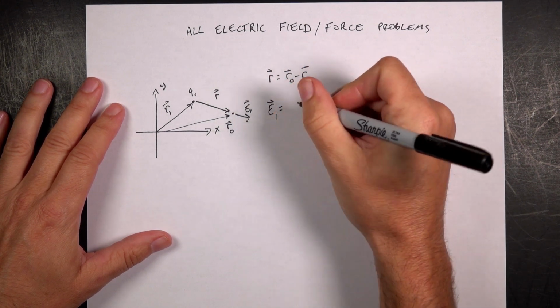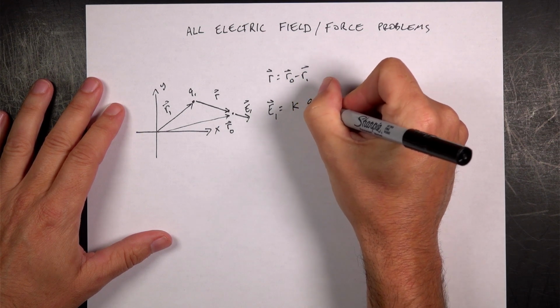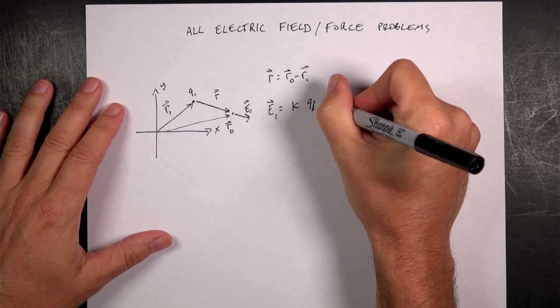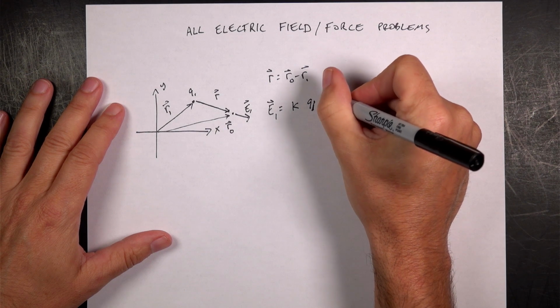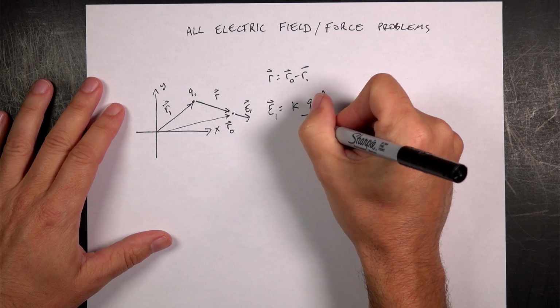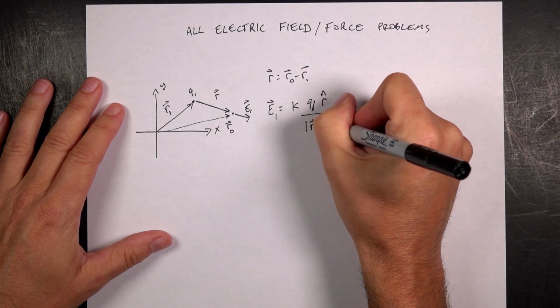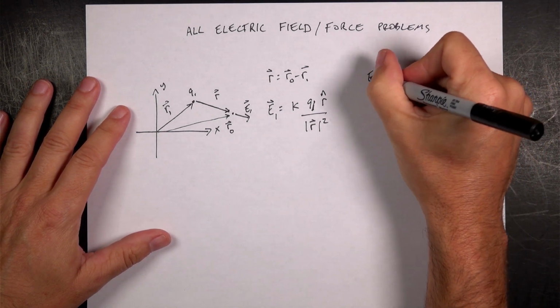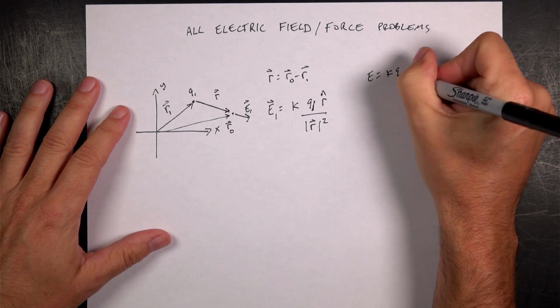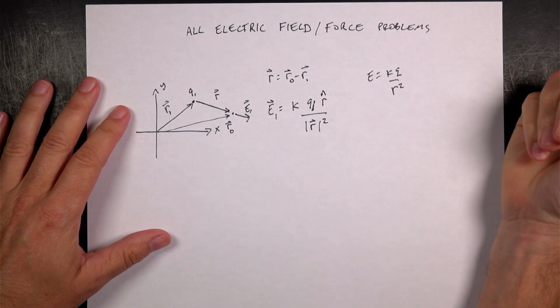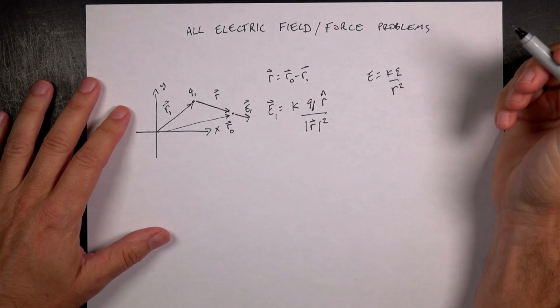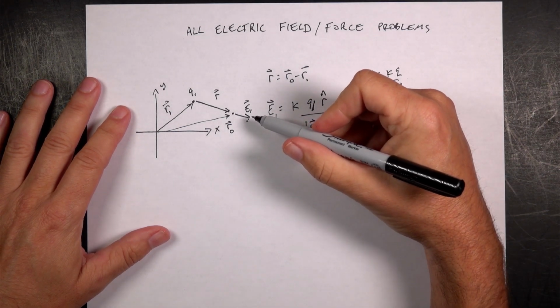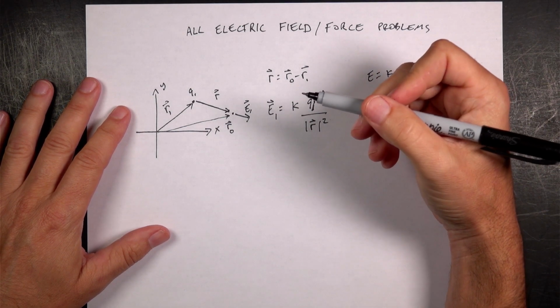E1 vector is going to be K times Q1, that's not an I, that's a 1, Q1 R hat over the magnitude of R squared. A lot of times textbooks won't write the electric field like this. They'll say E equals K Q over R squared, which is true. That does give you the magnitude of the electric field, but a lot of times we need the vector value of the electric field. This is how we do it.